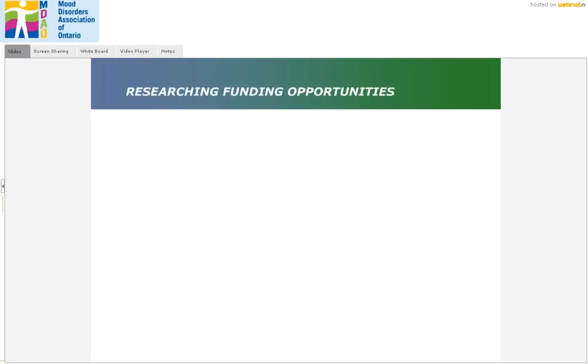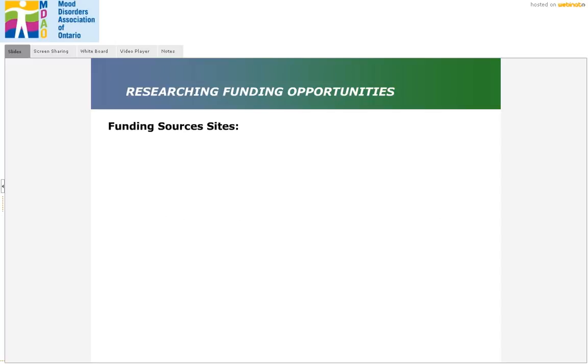So to begin, with regard to researching funding opportunities, there are several databases that you can use to search for prospective funders, private foundations, and the criteria that they're looking for.